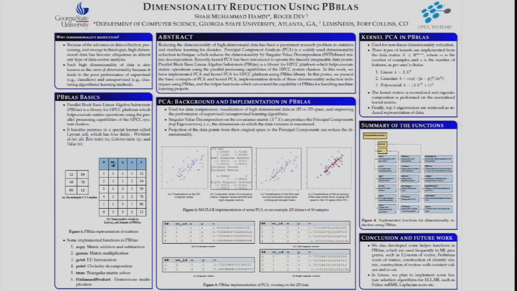And finally, we committed and pushed our code in the dimension reduction repository of HPCC Systems. So you can see the code in that repository. We also increased some more machine learning capabilities of the PBblas library.